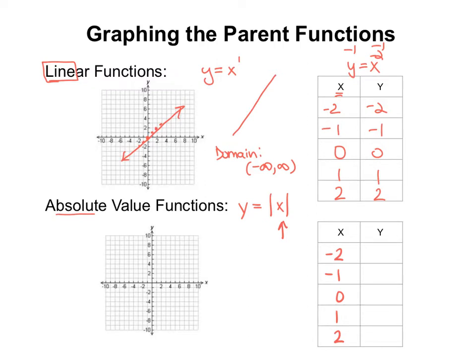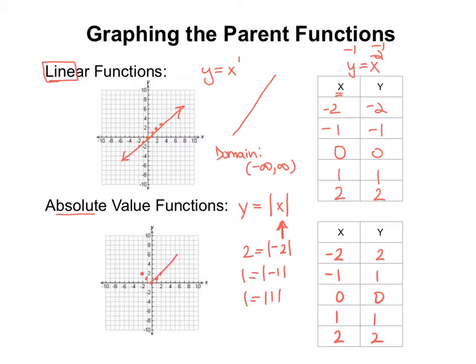Now, the difference though is when we plug in a value in here, say we plug in -2, when we take the absolute value of that, we get +2. We know -1 gives us +1, the absolute value of 0 is 0, and 2 is 2.